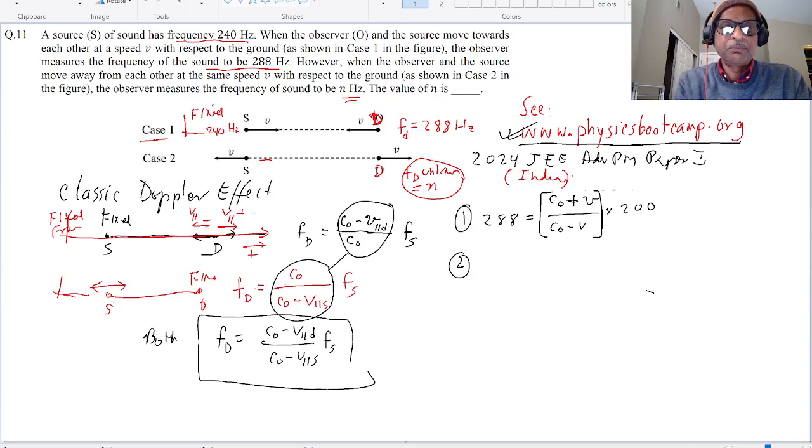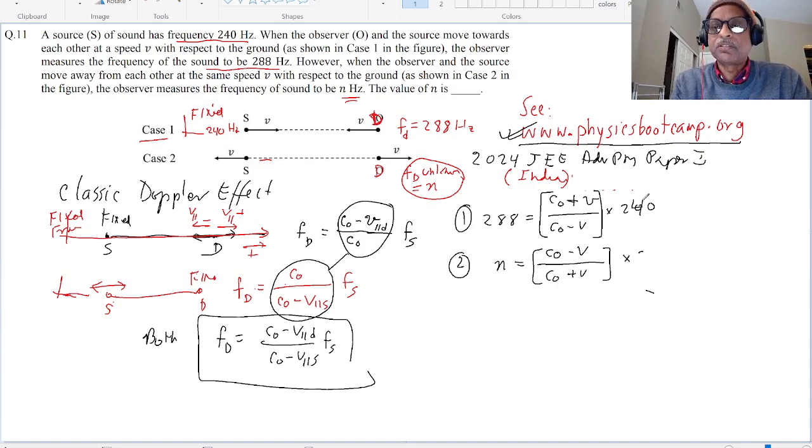If we set up case 2, then n is equal to, now this will become plus because this is going in the positive direction, then this V parallel D will be plus, so C0 minus V over C0 plus V, and times 240. I'm sorry, 240.